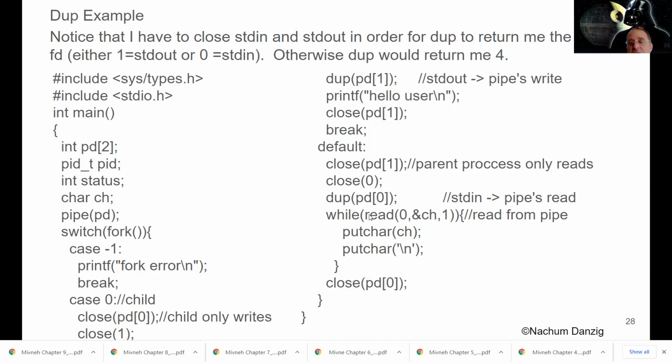So now I'll be reading, even though I'm using the command read on 0, which normally would be the keyboard, now it'll be the pipe. And this would have been exactly the same if I had written read from PD0. I'm just showing you how dupe can be used to do unusual things here. And putchar is just another way of putting a character on the screen.